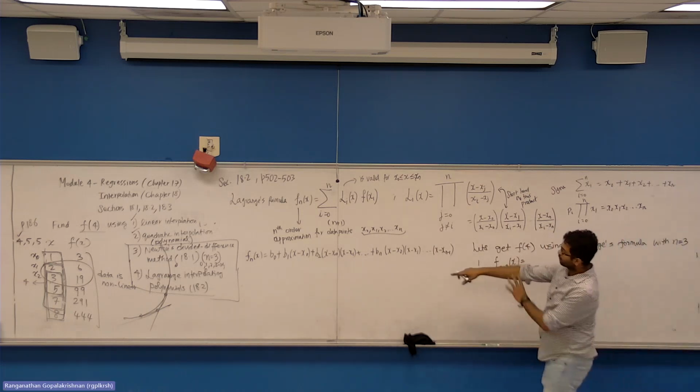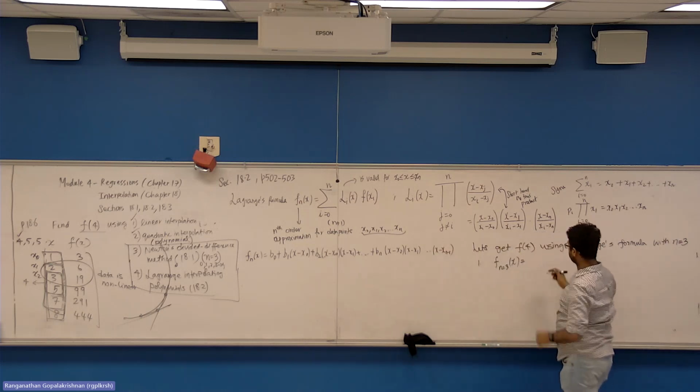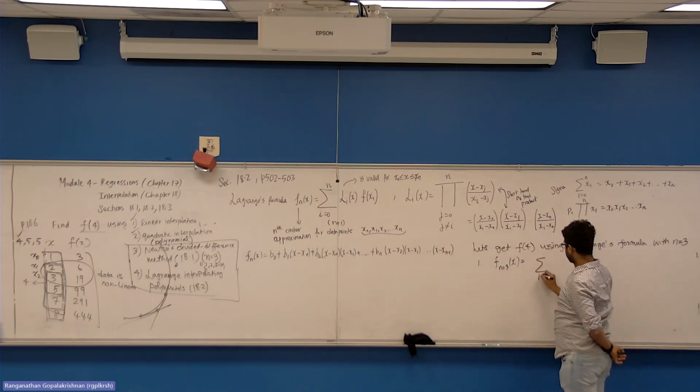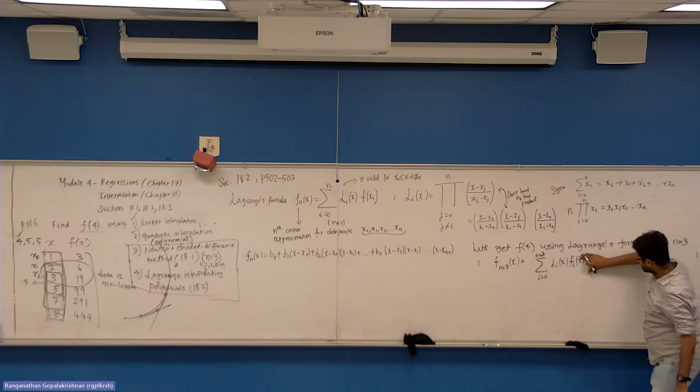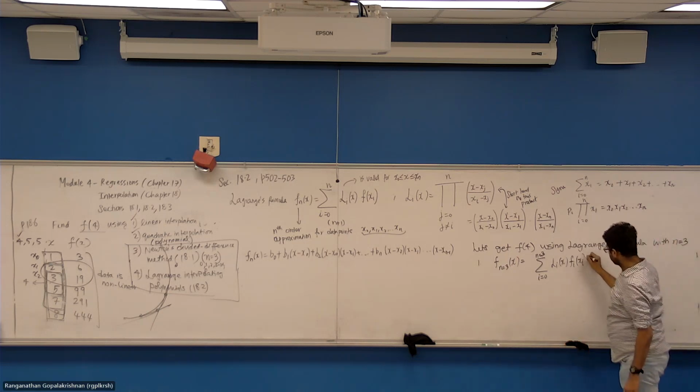So this fn of x where n equal to 3 will be the sum, i equal to 0 to 3, of Li of x multiplied by f of xi.